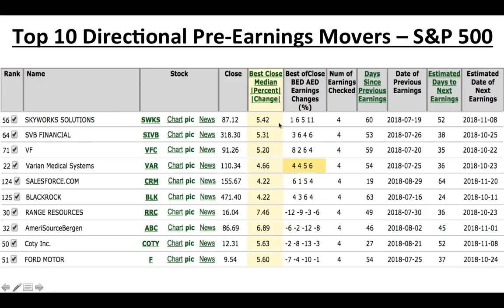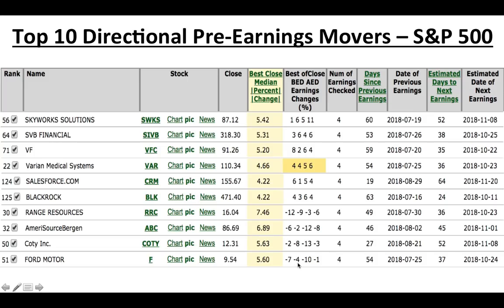And you can see that all of them have either consistent positive moves or consistent negative moves. So for BlackRock up, from this one up, I'd be using call options. From this one down, RRC, Range Resources, all the way down, I'm going to be using puts on these four.